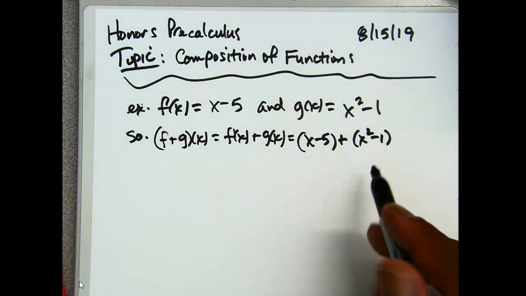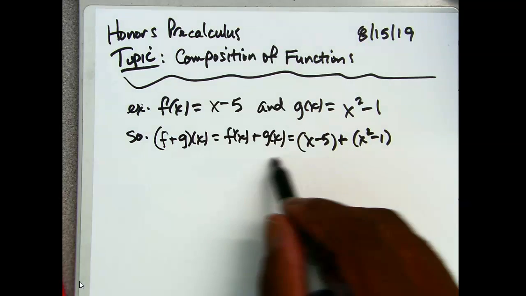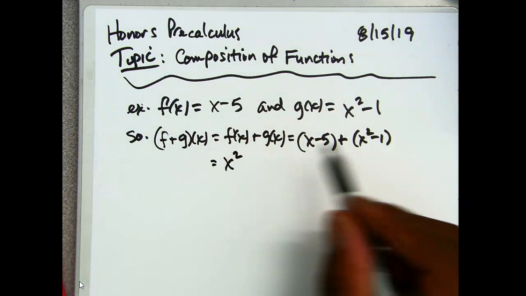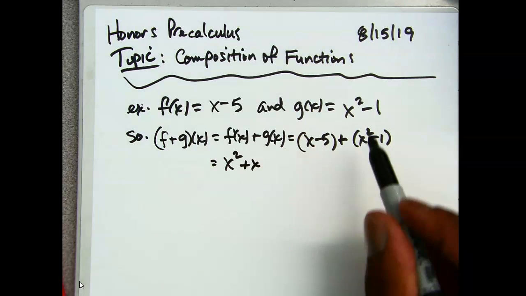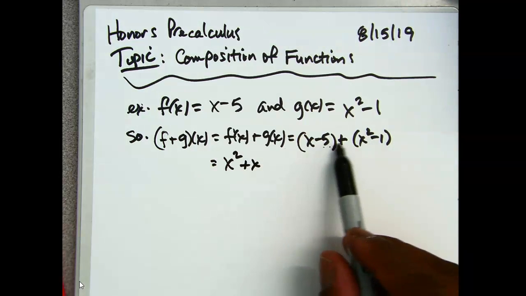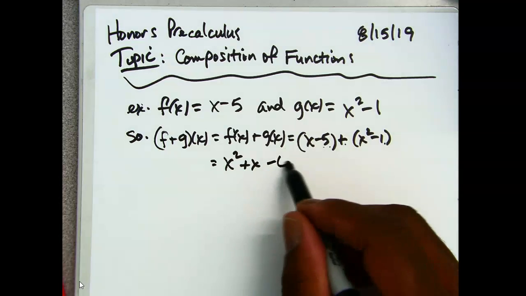Combining like terms, we end up with x squared plus x, and here we have a negative 5 plus a negative 1, so that's minus 6.